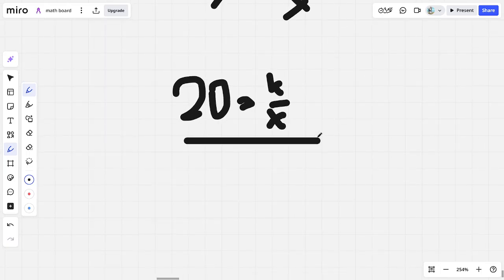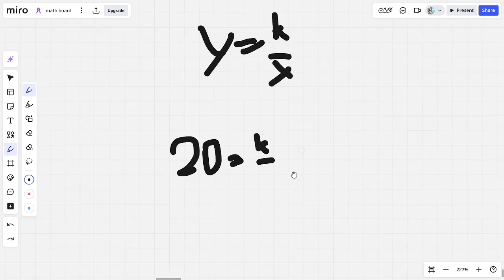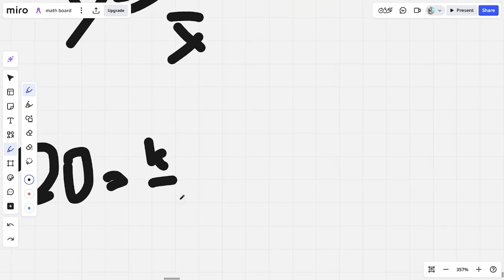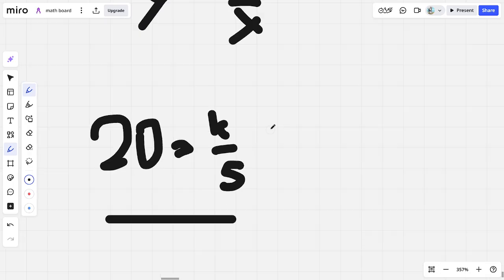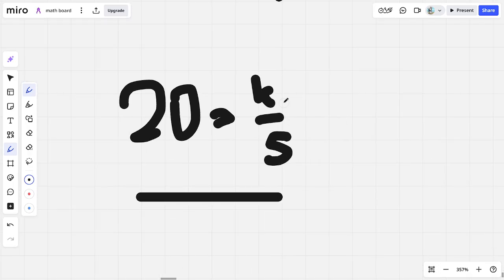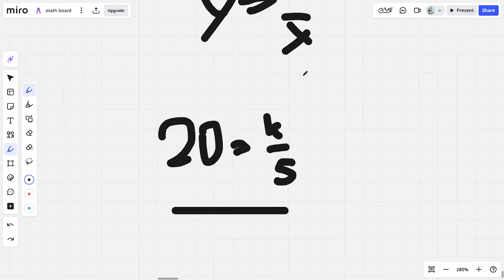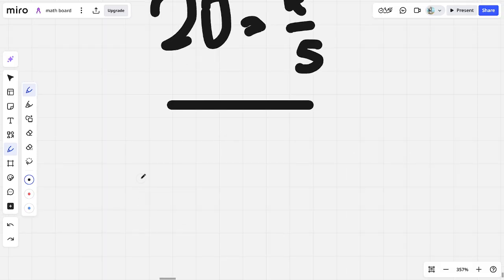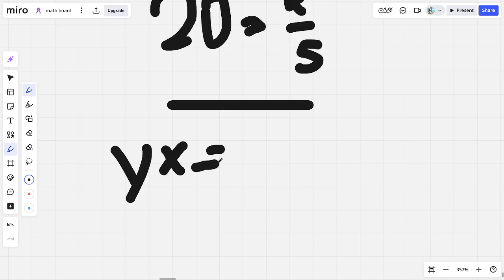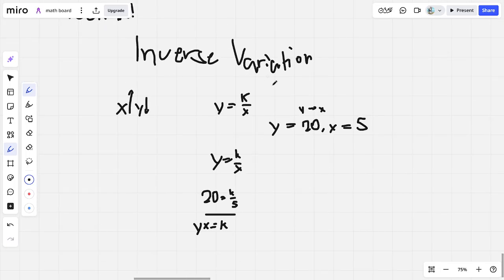Sorry, k over 5. So to eliminate this fraction, we can multiply both sides of the equation by 5, or x. So it's basically just going to be yx is equal to k for inverse variation.